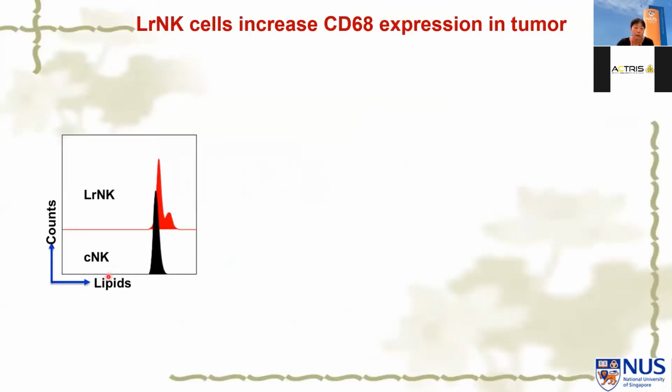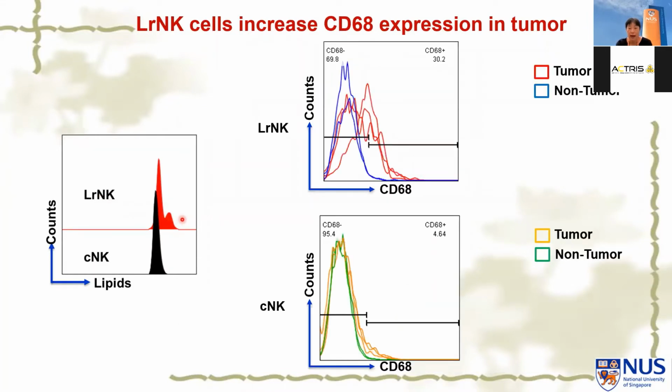So we compared the conventional NK and the liver resident NK populations. You can see the liver resident NK cells have higher lipid content, and they do have higher expression of the scavenger receptor, CD68.